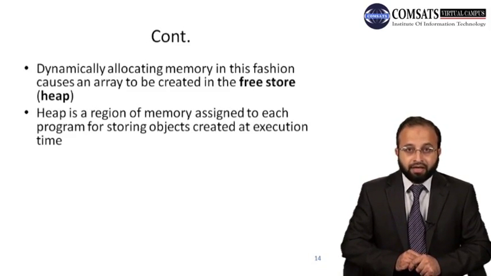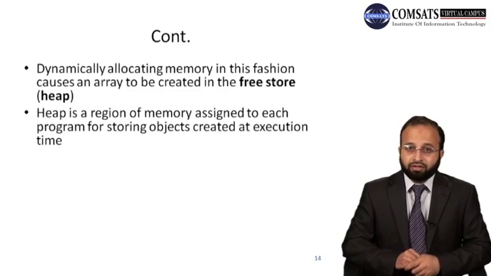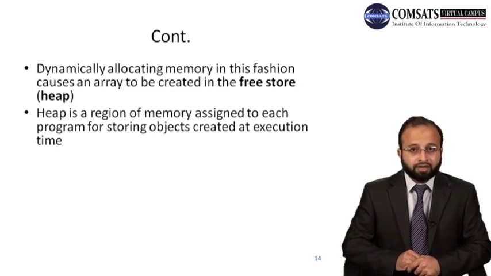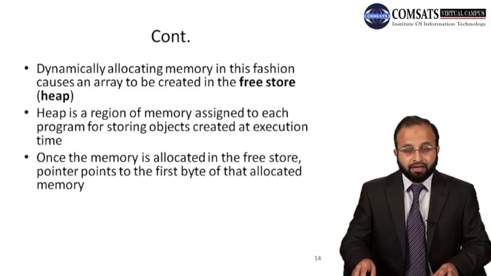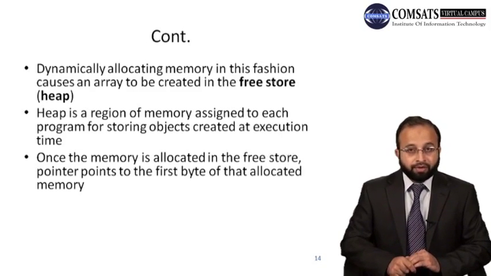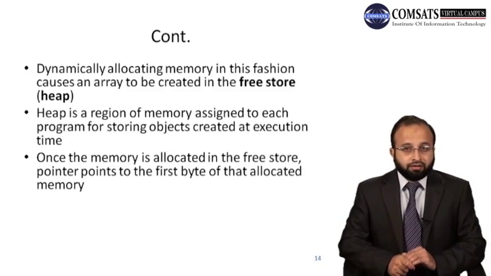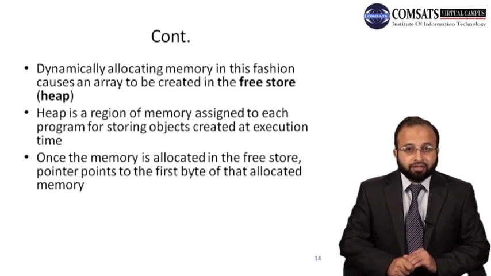So if you write int x, that is not dynamic memory allocation, that is static. You know at compile time that you have to allocate 4 bytes for x, right? Once the memory is allocated in the free store, a pointer points to the first byte of that allocated area. So what the new operator will do, it allocates the memory, whatever size we tell it, and then it returns a pointer.